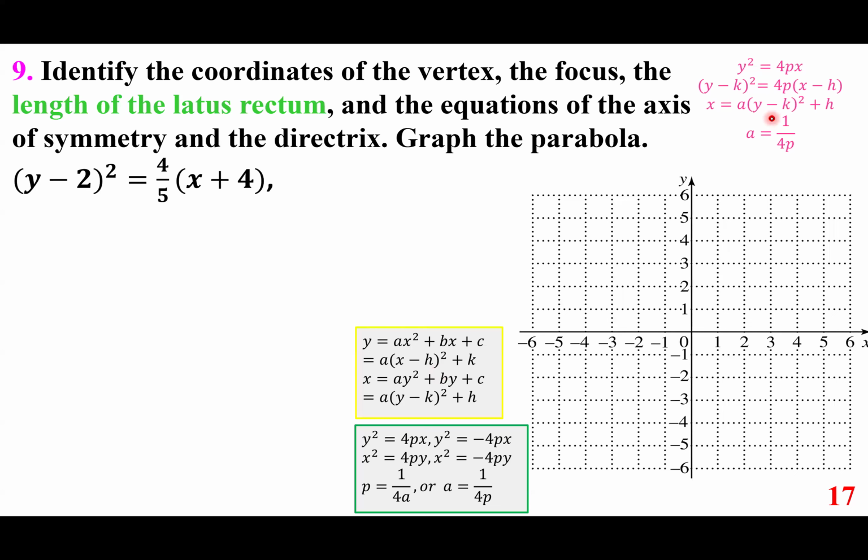We have various equations here. You can always put it back in the same format we've had. But I hope you see that this means x is negative 4, y equals 2. That's the vertex, and y has exponent 2, so it opens sideways, and this is positive, so it opens to the right.